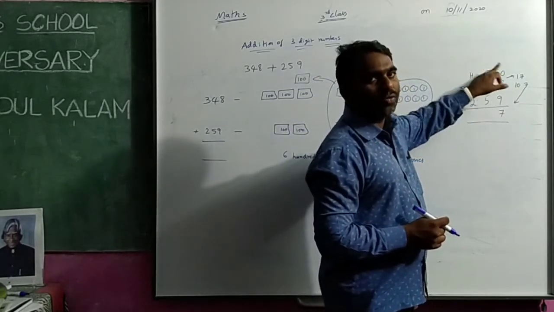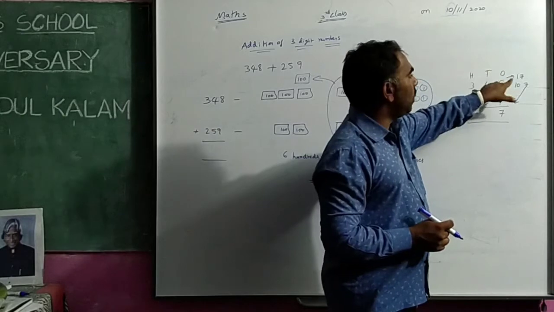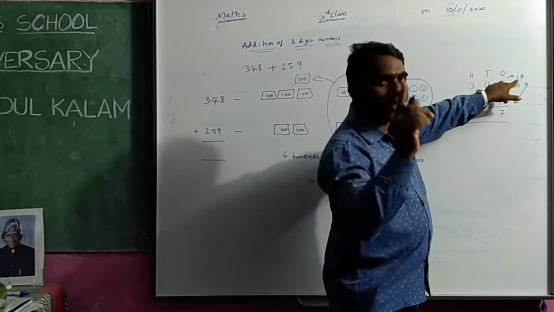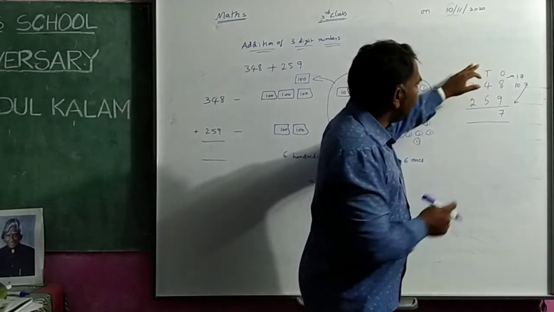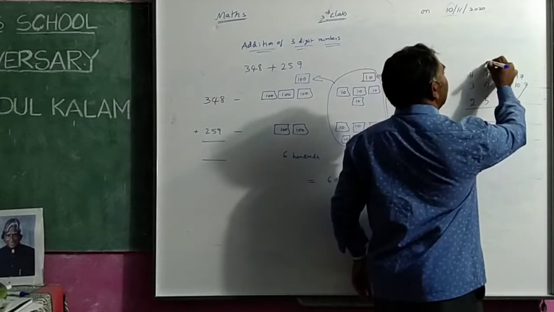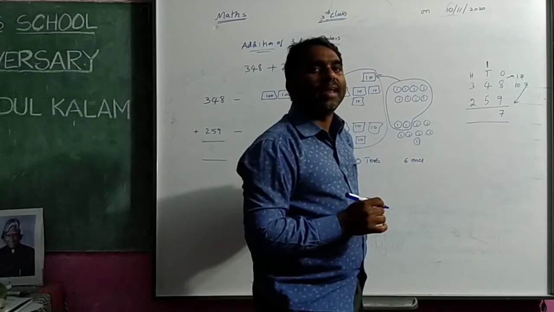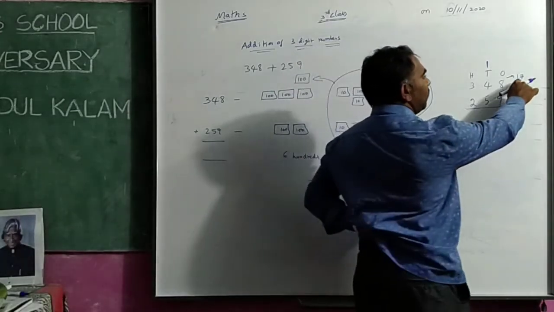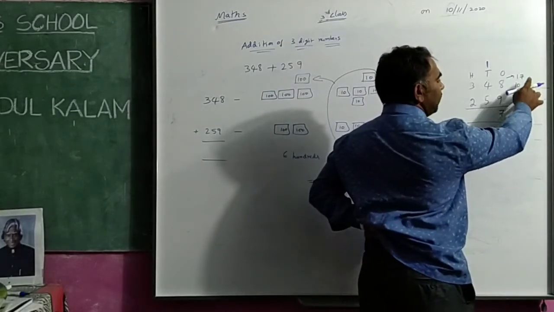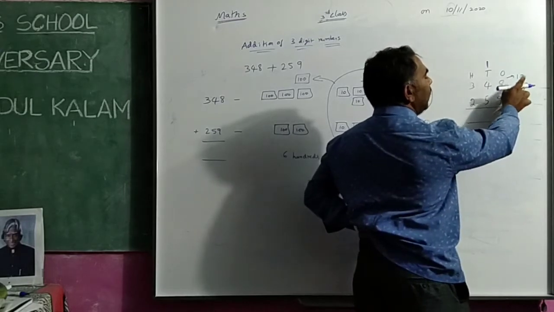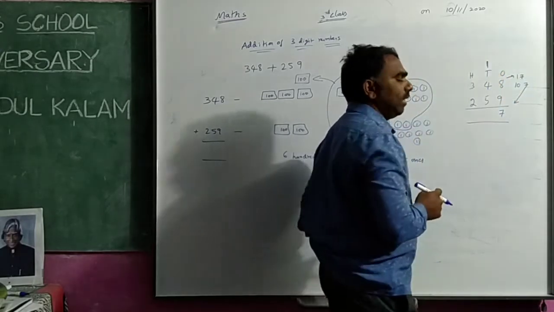In tens place you will write this 1 ten. That is called as carry. So in this 17 means 10 and 7. 7 we will write here. 1 ten we will write here as carry.